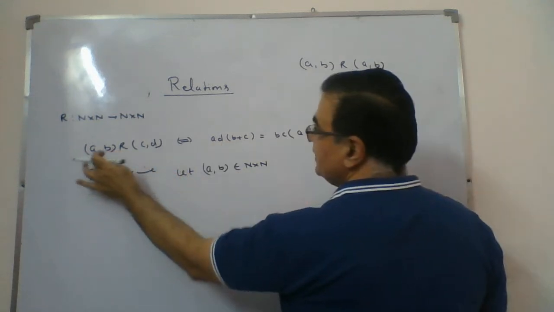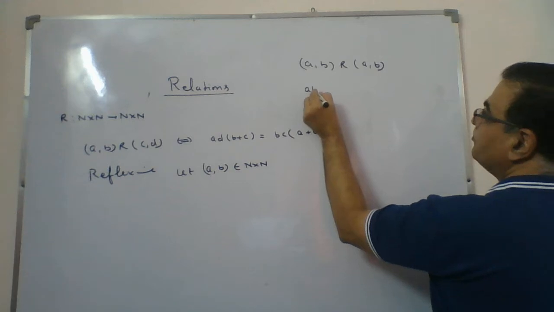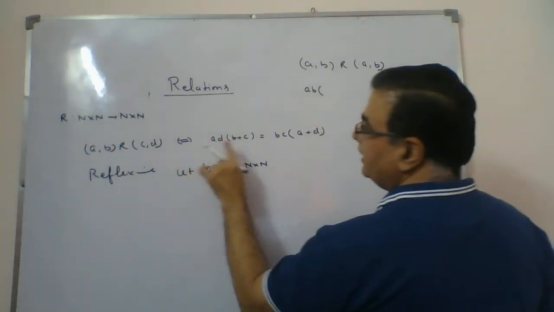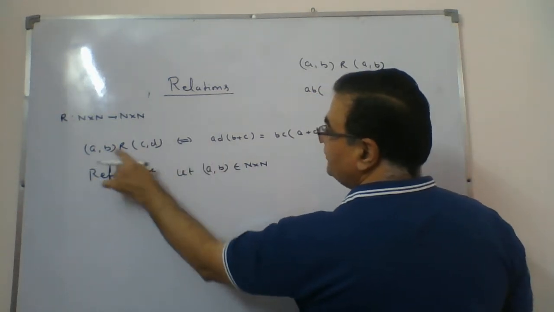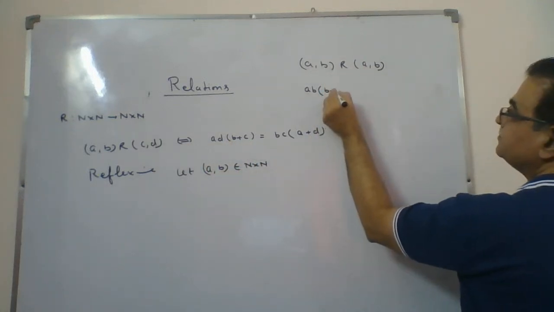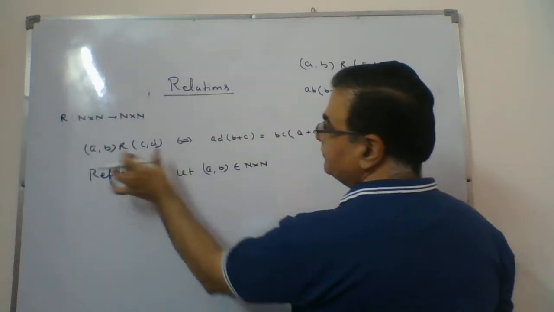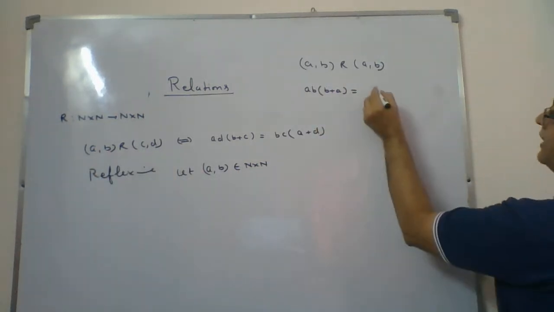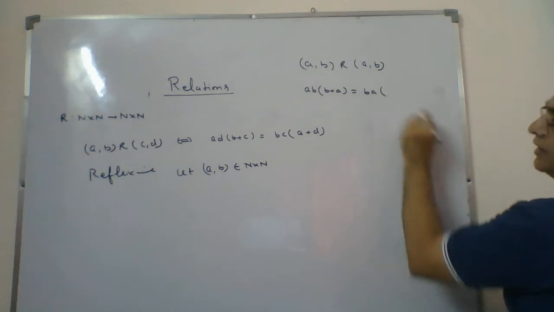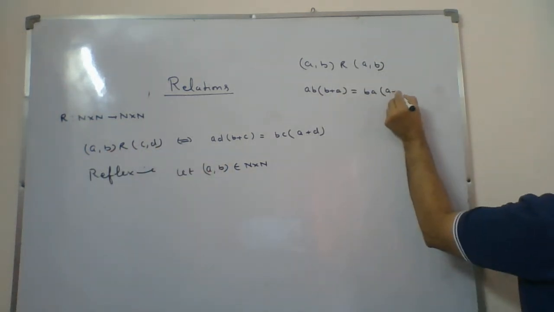It says the first element and last element should multiply, that is A, B. And then the middle elements should add, that is B plus A, equal to. Here it says BC, that means these two will multiply, that is BA. And then the outer will be adding, A plus B.